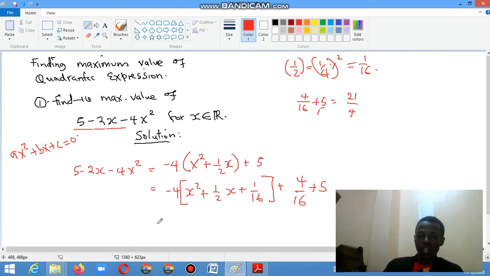So I can say this will be 21 out of 4, then minus this, which is minus 4 into x plus a quarter, then everything squared, because I know when I expand this I'll be able to come back here. Is it okay?